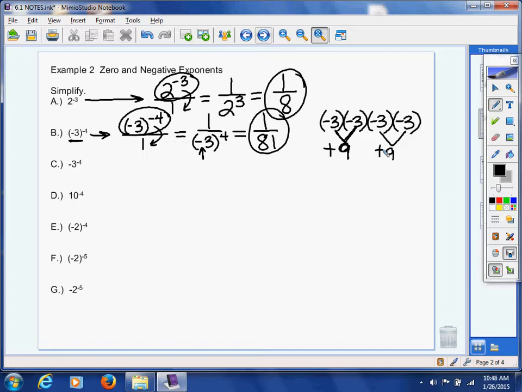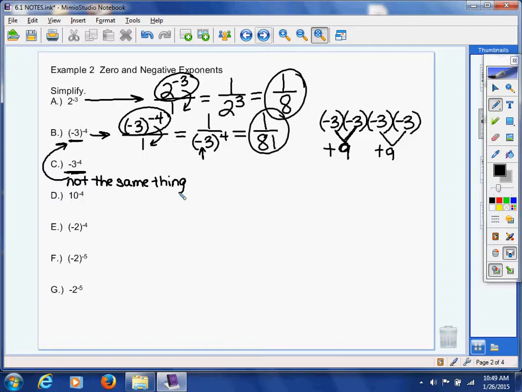Okay, so let's look at letter C. Let me read it to you. This is not the same thing as what we saw up here. Let's write that down. Not the same thing. Okay, you read it differently. In letter B, that is saying take the integer -3 and raise it to the -4 power. In letter C, not the same thing.